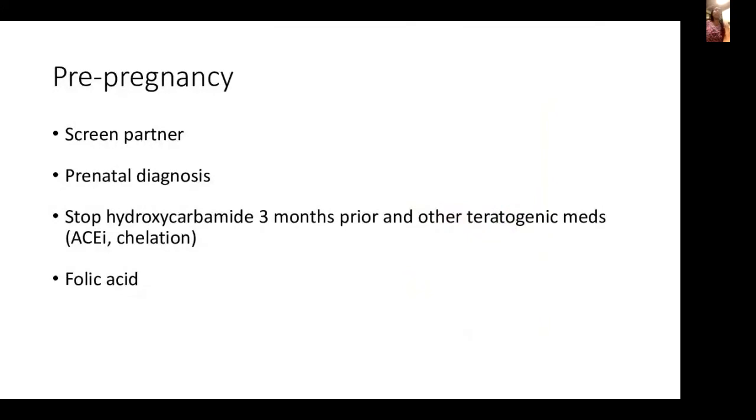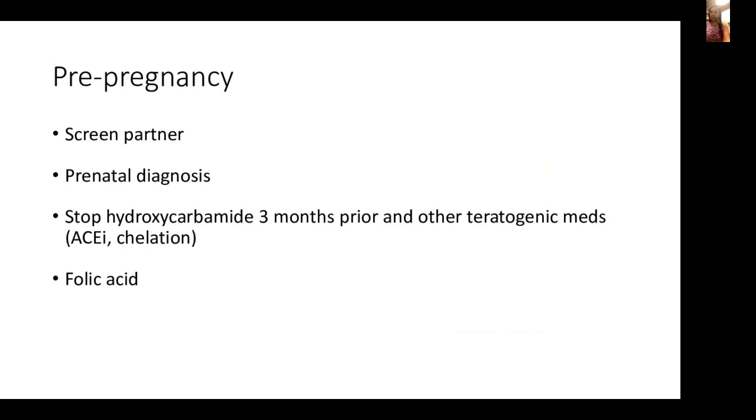Pre-pregnancy, you want to do a bit of groundwork to screen the partner and do prenatal diagnosis if the partner also has a hemoglobinopathy trait or has hemoglobinopathy, to see if the baby is at risk of sickle cell disease.